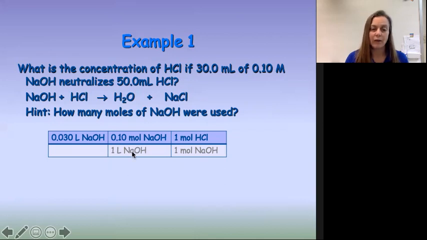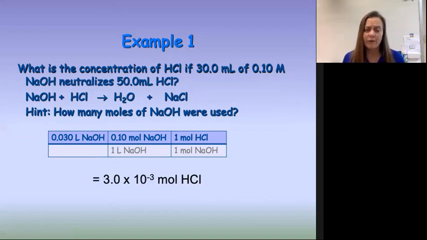We're going to use molarity as our conversion factor, 0.1 moles of sodium hydroxide for 1 liter of sodium hydroxide because it's 0.10 molar. And then we're going to use our molar ratio from our balanced chemical equation, which is 1:1. So when we put all that into our calculator, we find that we have 3 times 10 to the negative third moles of hydrochloric acid.